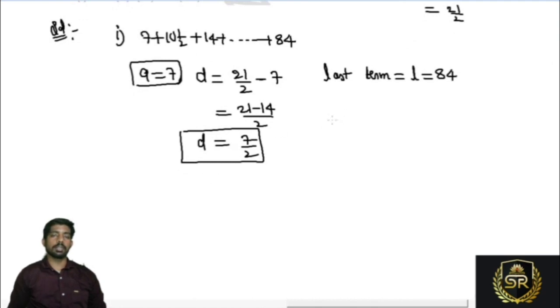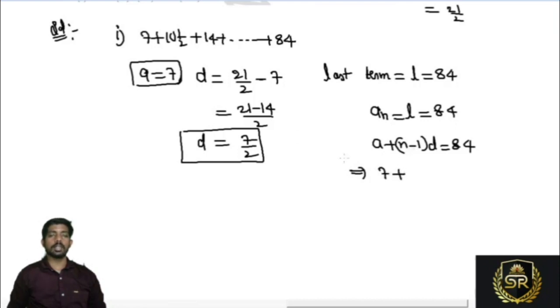The last term is the nth term, so the nth term is a plus n minus 1 into d, which is equal to 84. We don't know how many terms are in the series, so first we find how many terms exist. A is 7 plus n minus 1, n we don't know, into d which is 7 by 2, is equal to 84.